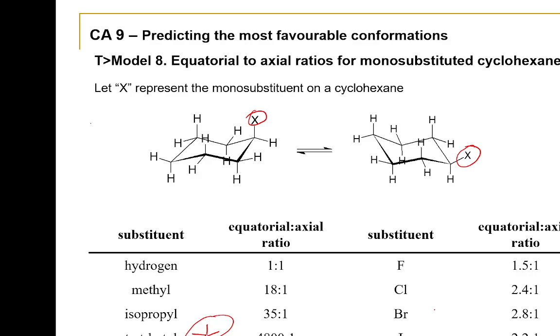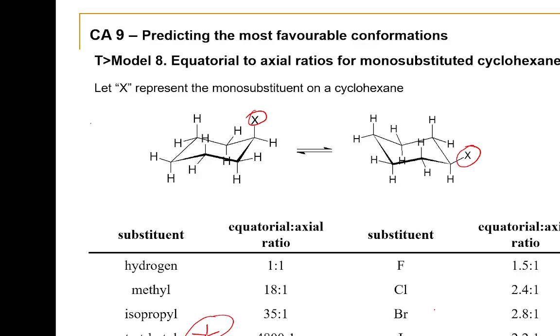But now look at the halogens then. Remember how I said that even the methyl group will trump a halogen in terms of steric strain? The halogens here, yes, the equatorial is still more favorable, but not by that much. And you might have expected, for instance, there to be a trend. Fluorine, equatorial more favored, chlorine, and then bromine, and then you'd expect the iodine to be the most favored.